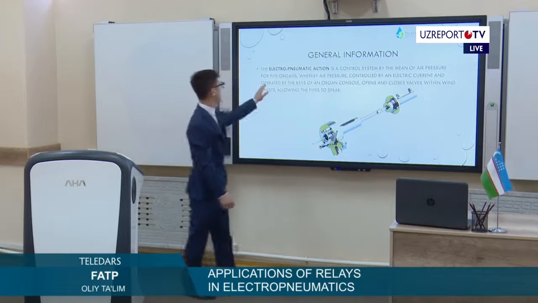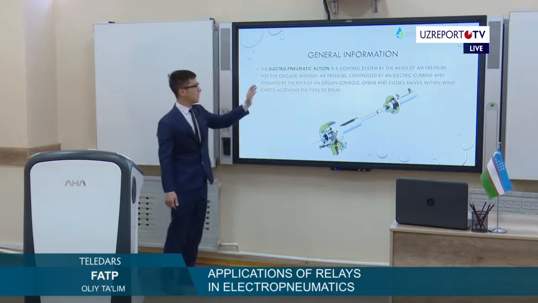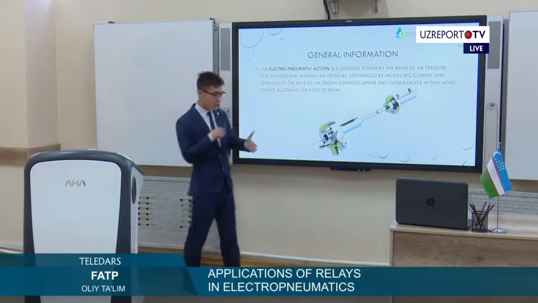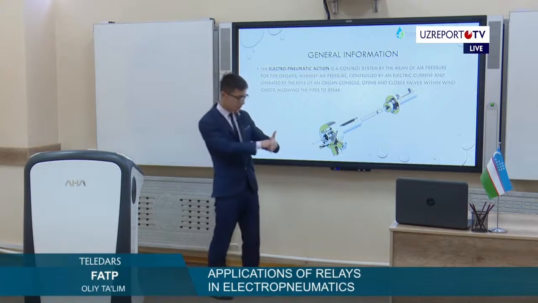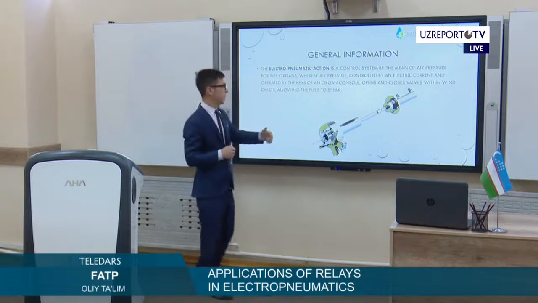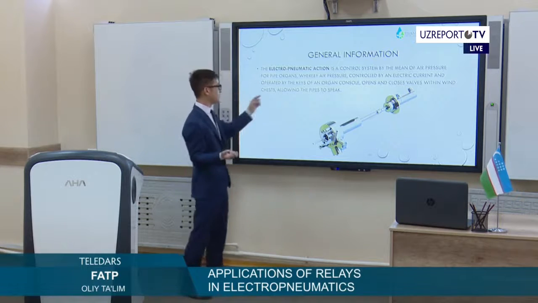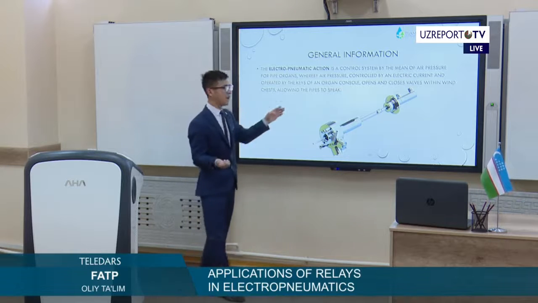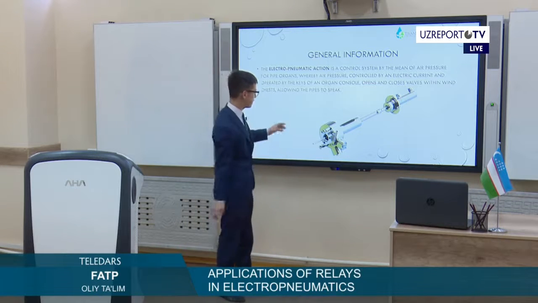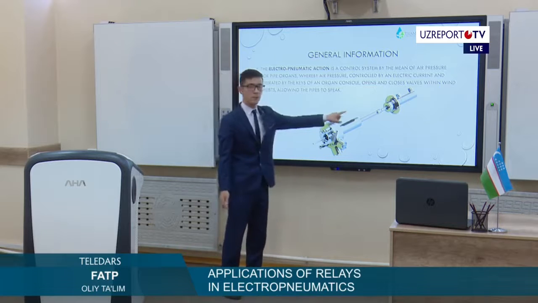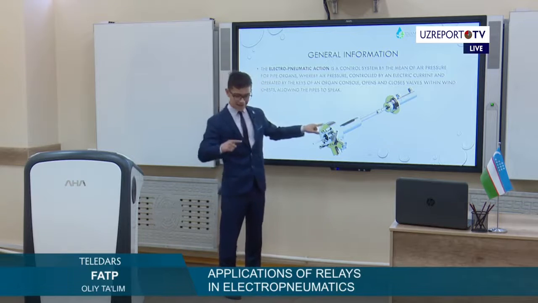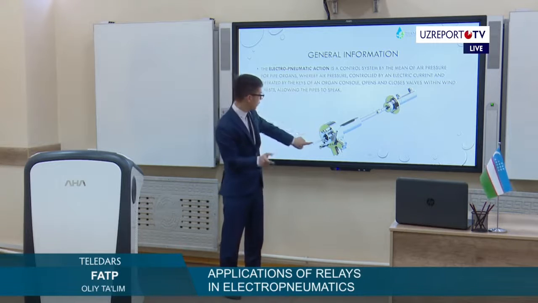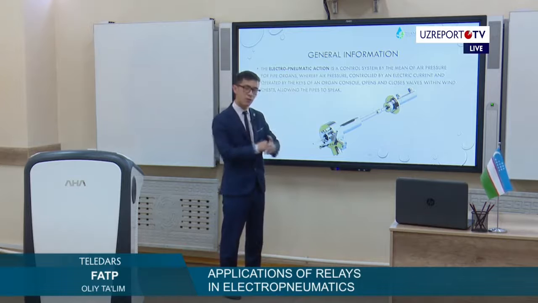Okay, we'll talk about the relay. Let's talk about these electropneumatic actions. It is a control system by means of air pressure, as in pipe organs, where air pressure makes an action, and after the result, it returns to the start place, according to the electrical current and operation by the keys of the organ console. Valves within wind chests open and close, allowing the pipes to speak. We have a lot of types of pipes, which consist of an inner body part of electropneumatics, and circulation of air, making high kinetic energy in a work part, making a pressure and moving action.